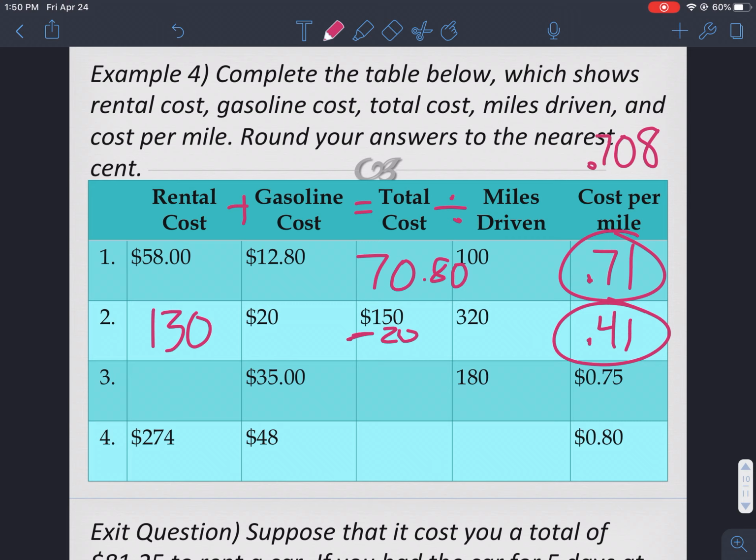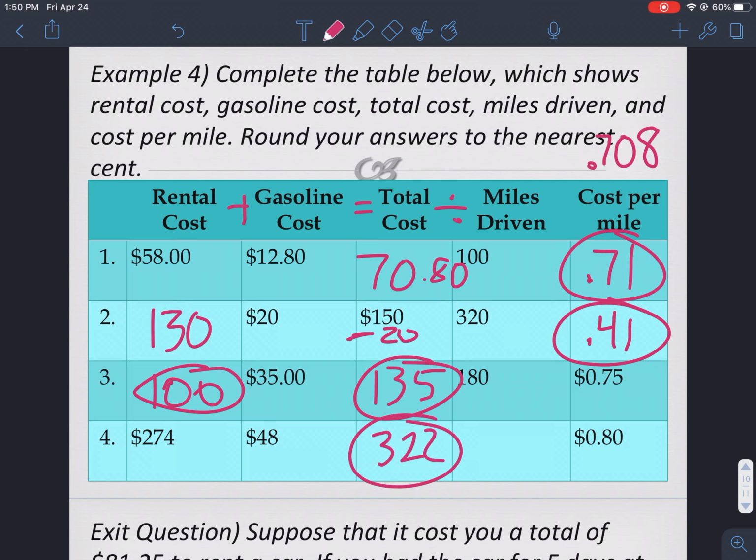So if we multiply those, that's going to give me $135 for the total cost. And then let's subtract 35 to get 100. And then lastly, let's add 48 and 274 to get 322. And then divide that by 0.8 to get 402.5 miles.